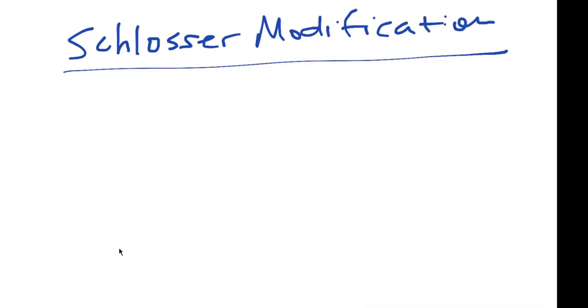So what the Schlosser modification allows you to do is synthesize trans alkenes from ylides that will normally give you cis stereochemistry, right?